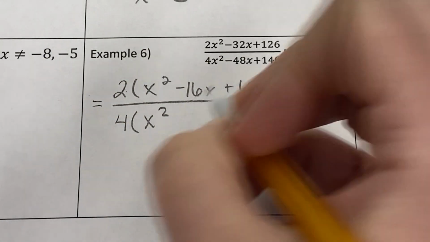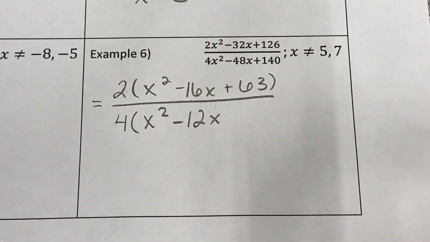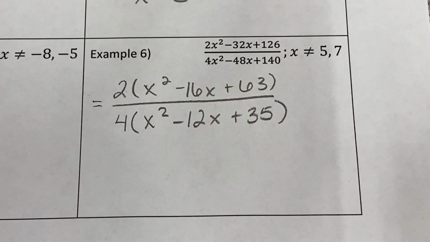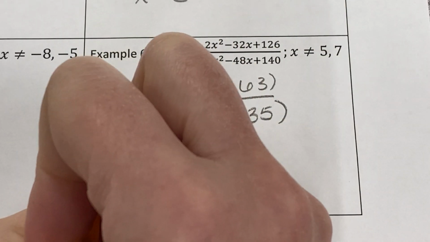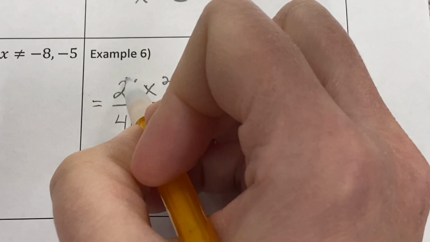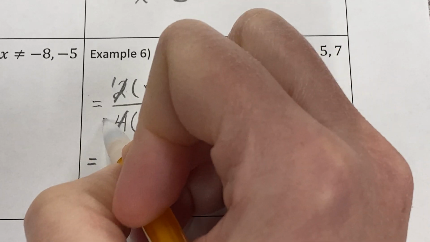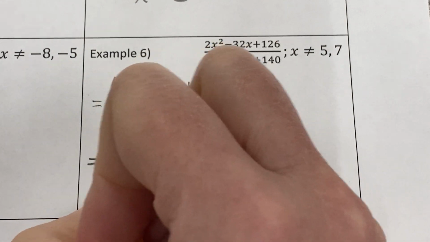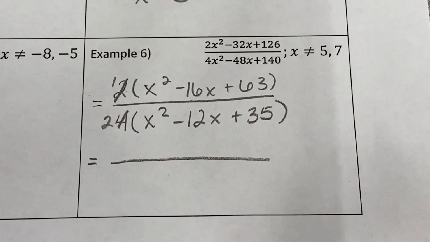So x squared minus 12x plus 35. Okay, now for our trinomial factoring. If you want to reduce the 2 and the 4 here, you can. 2 over 4 reduces to 1/2. So that would leave us with, we don't have to write this 1 now.